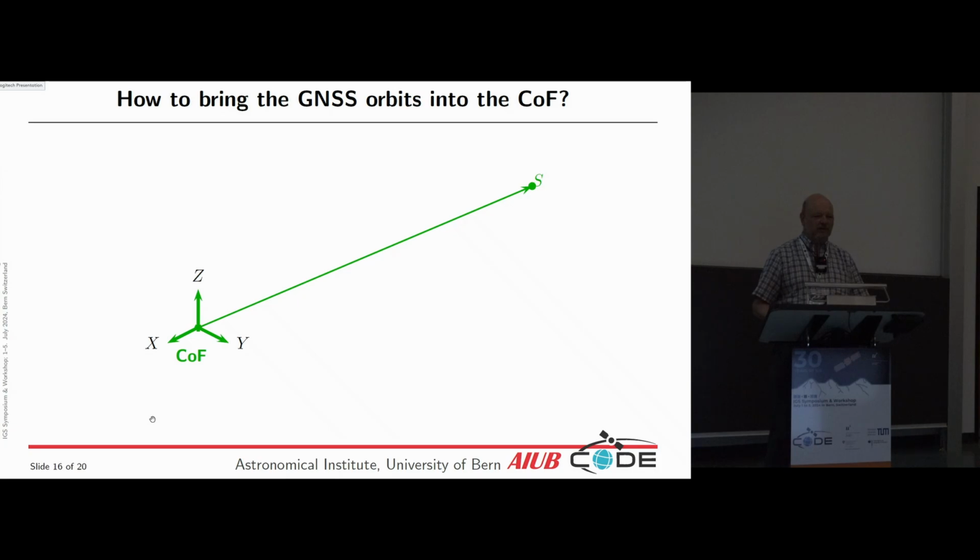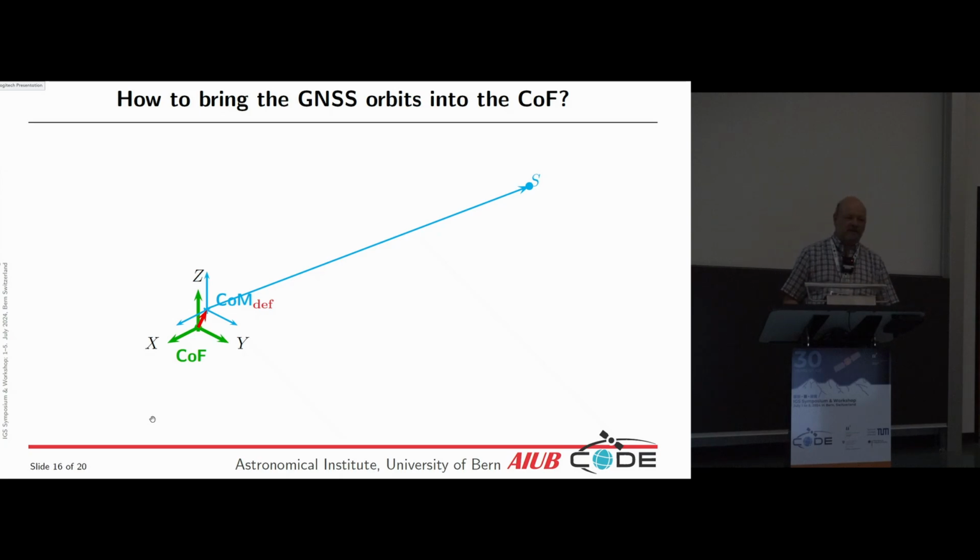We can turn the story around for the satellite positions and subtract this. In this way we obtain satellite positions with respect to the center of figure, and then we can add another center of mass correction that we believe might be more appropriate than just this estimate.